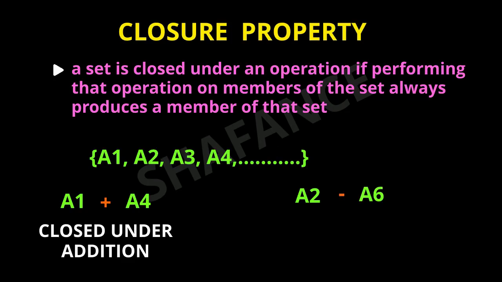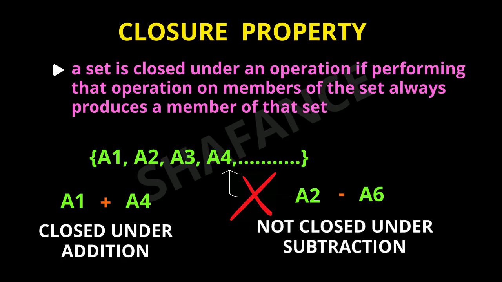If as a result of this operation we do not get a member of that set, then, even if for some numbers we get an answer which is part of that set, but in a few cases, or even in one case, the result of subtraction is not part of this set, then the set is not closed under subtraction. So the closure property applies to a set of numbers and for a particular operation.